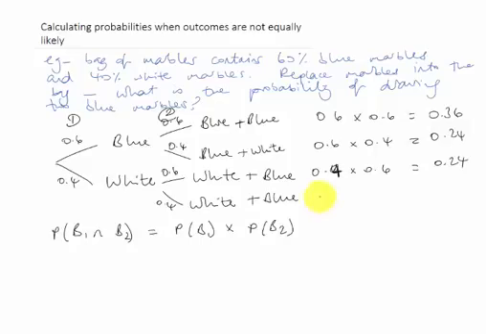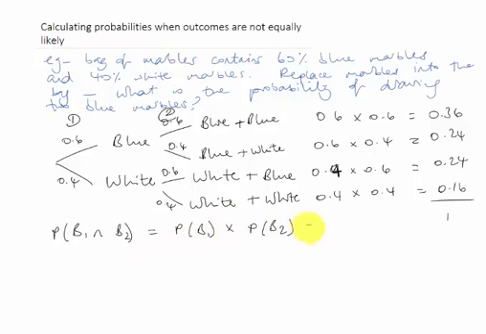And then you could draw a white and then a white, I'm sorry, I've written this wrong here, 0.4 times 0.4, so that's 0.16. All of these add up to 1, so this is an exhaustive list. You're always going to draw a blue and a blue, or a blue and a white, or a white and a blue, or a white and a white. That's just what I'm showing you here.